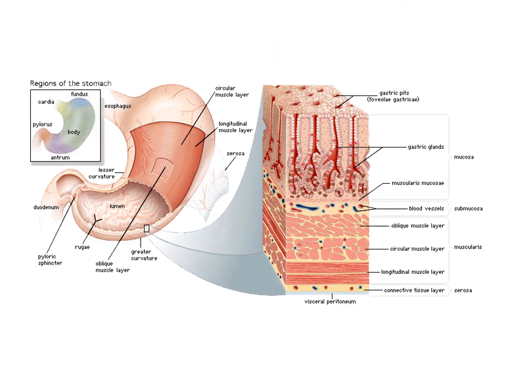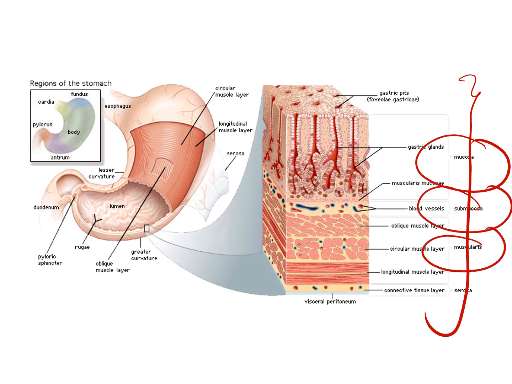For the histological appearance of the stomach, again it consists of four layers: the mucosa, submucosa, muscularis externa, and serosa. The epithelium found in the stomach is simple columnar mucus-producing cells.